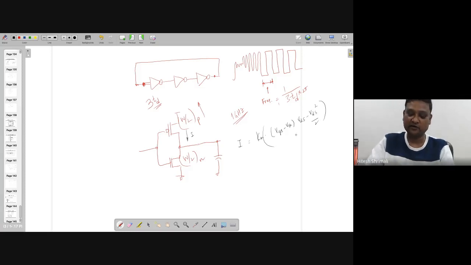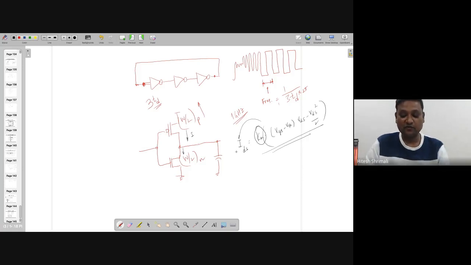I have written only the current for drain to source in the case of NMOS. As you increase W by L, this Kn is also increasing, and this is also going to increase. Overall, you are going to have a very high IDS. If you want to achieve a high bandwidth or high value, you need to increase current. So there is no other way, right?